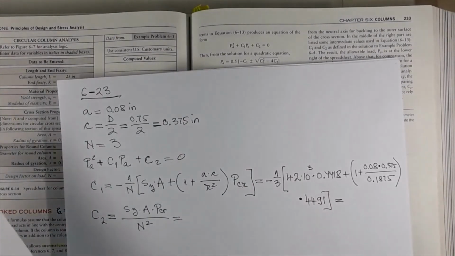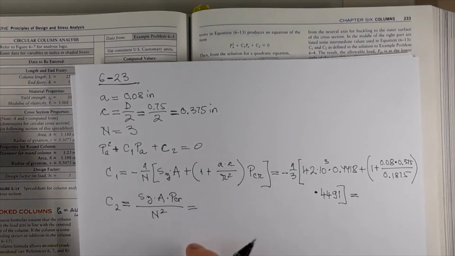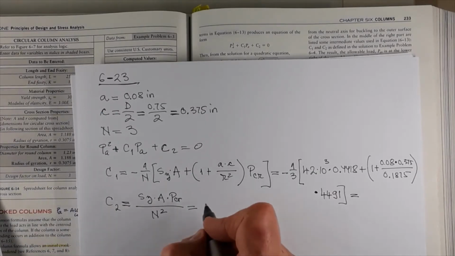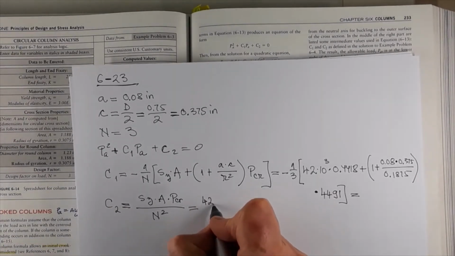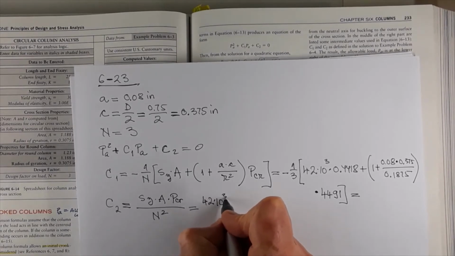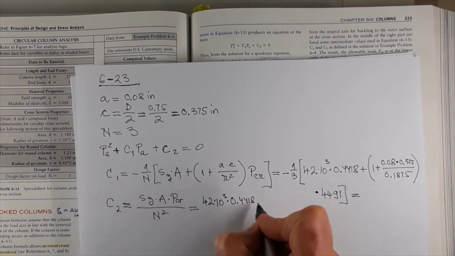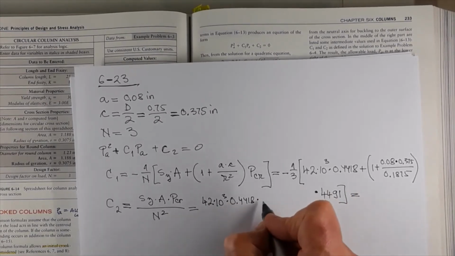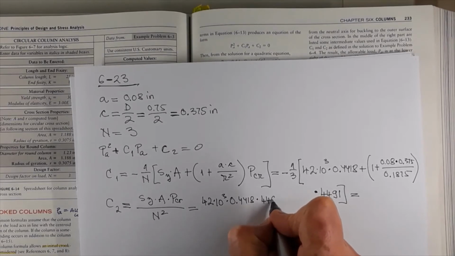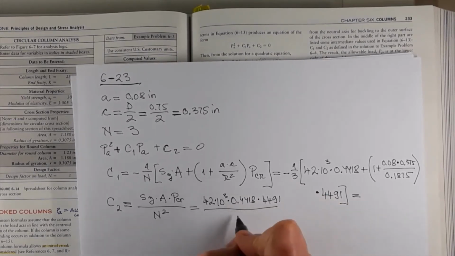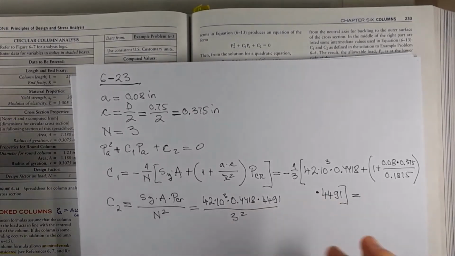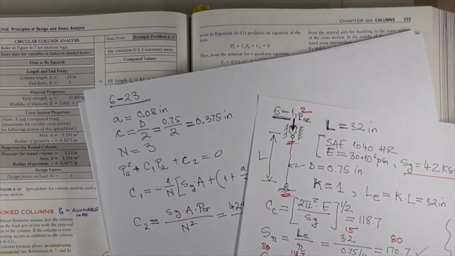Okay, and then the other coefficient, C2, we have 42 times 10 to the power 3 times 0.4418 times critical load 4,491 over 3 squared. Okay.